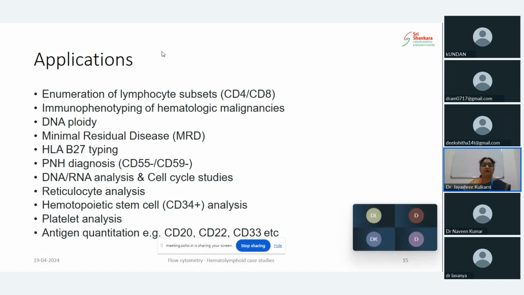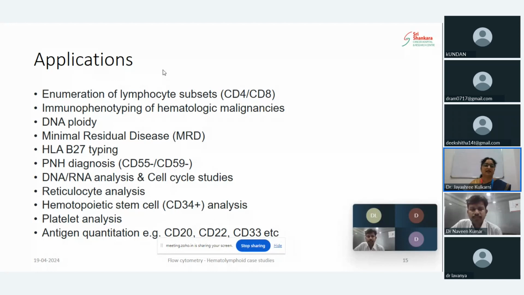Now coming to the applications of flow cytometry. As you all know, on a day-to-day basis, we use flow cytometry for lymphocyte subset analysis. Patients who are on retroviral therapy, you need to know their CD4, CD8 counts, you send for flow cytometry. Immunophenotyping of hematological malignancies, of course, is a very good tool to come to the end diagnosis in hematological malignancies.